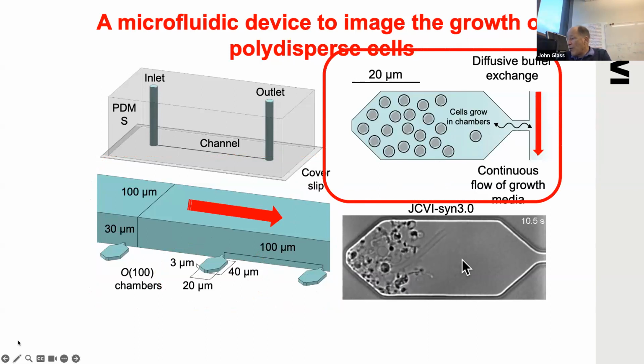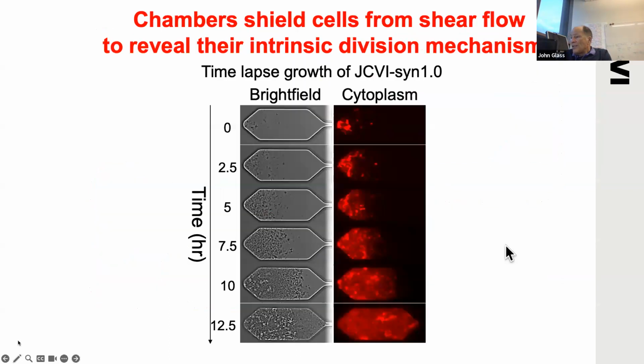So here's a chamber where we're seeing JCVI Syn3.0 over about 20, 30 seconds. So first we looked at wild type, Syn 1.0. And this is bright field, and this is cytoplasm, where we're producing a red fluorescent protein in it.